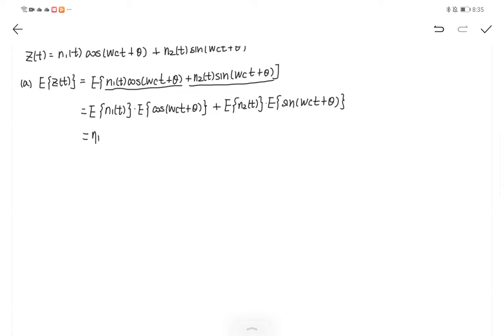And we know that in cosine(omega_c t plus theta), theta is uniform from 0 to 2 pi, so it is very clear from its graph that the expectation of this part is 0, and similarly the expectation of this part is 0 too.